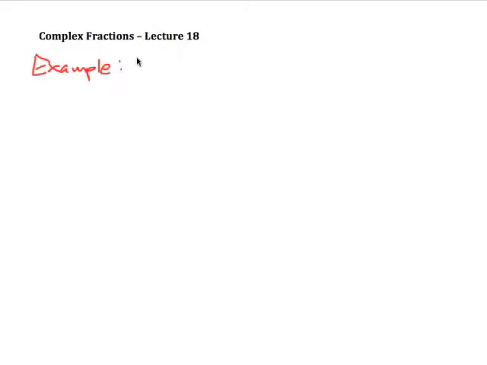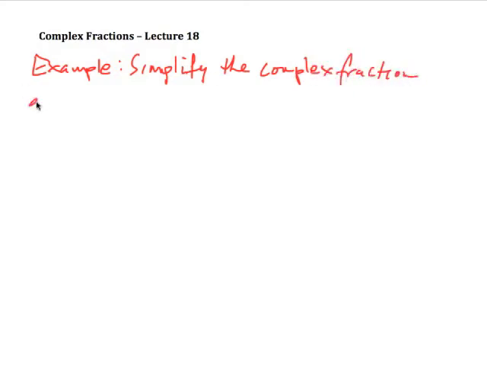Let's suppose we want to simplify the complex fraction. Part A. Let's suppose we want to do 2 plus 3 on x squared divided by 3 take 1 on x squared.